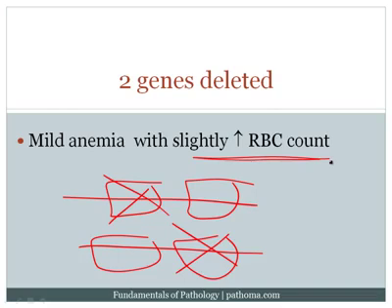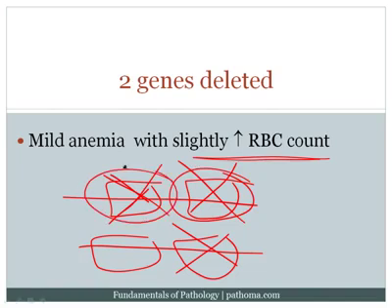But what is important for examination purposes and somewhat clinically is that really there's 2 possibilities when you knock out 2 genes. So it's possible that you could knock out both genes on the same chromosome. For example, both of them are here on this same chromosome. We name that a cis deletion. Cis means with.